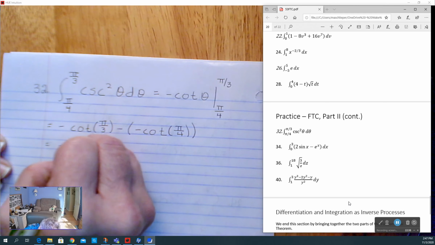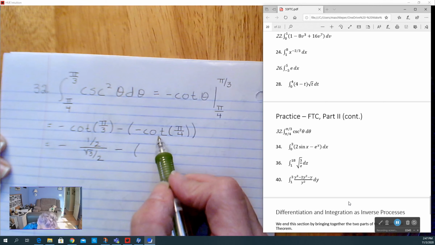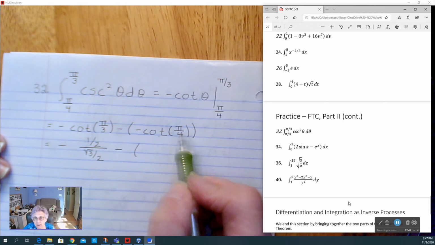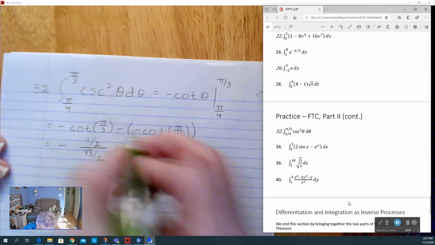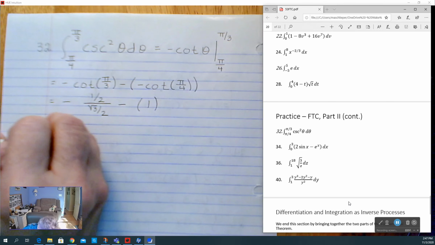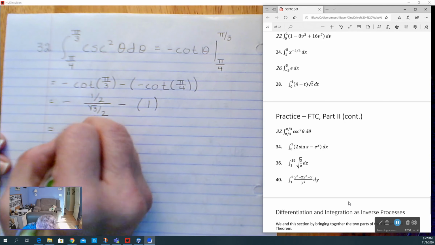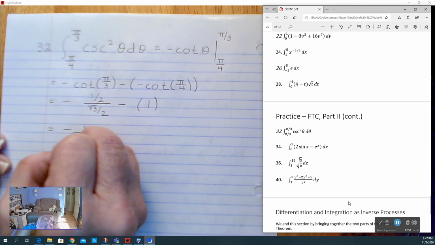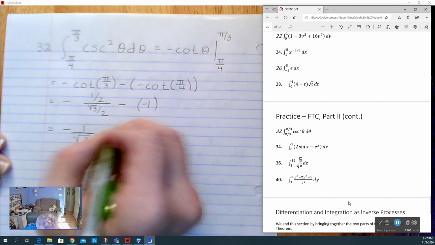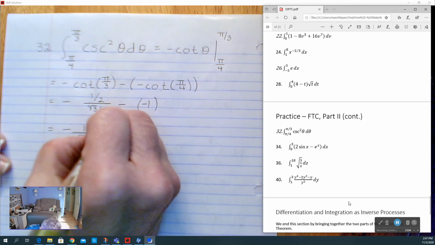Sine is square root of 3 over 2. Cotangent of pi over 4: I like pi over 4, sine and cosine are the same, so it's just 1. So 1/2 over square root of 3 over 2 is 1 over square root of 3, minus negative 1 because it was negative cotangent.